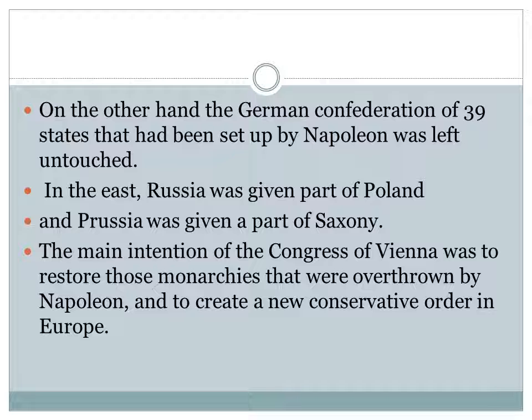On the other hand, the German Confederation of 39 states that had been set up by Napoleon was left untouched. In the east, Russia was given part of Poland and Prussia was given a part of Saxony. The main intention of the Congress of Vienna was to restore those monarchies that were overthrown by Napoleon and to create a new conservative order in Europe.